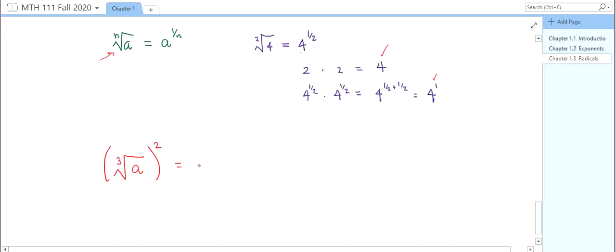But if you keep in mind that really what we're talking about is a to the 1/3 squared, well, now if we remember our operations on exponents, this is the same thing as saying a to the 1/3 times 2, or a to the 2/3. So that's much simpler, and it's more compact and much easier to use than the symbol.